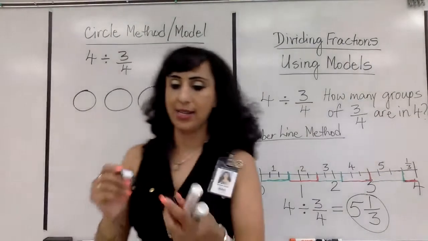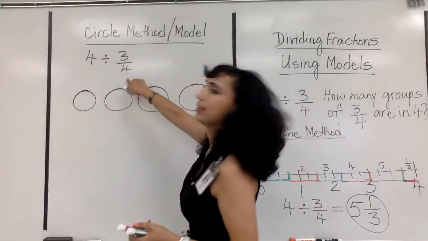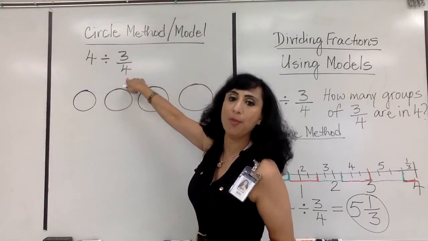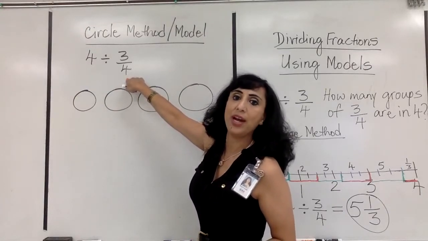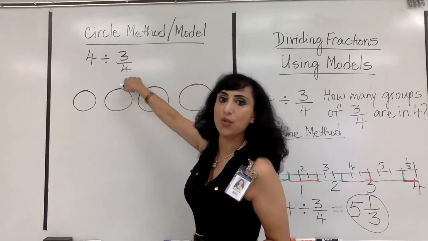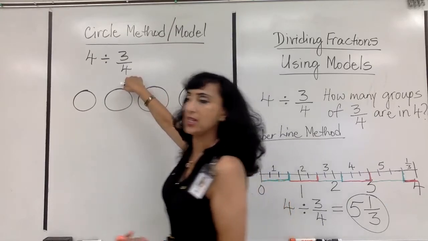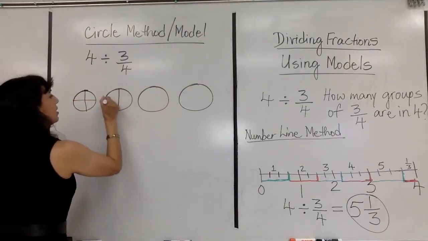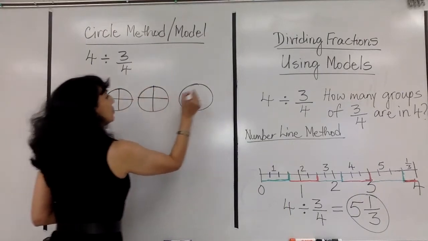And then I look at, as I said earlier, the denominator. The denominator tells me that there are 4 parts. So I am going to break the circle into 4 different parts. So 4 parts for each circle.